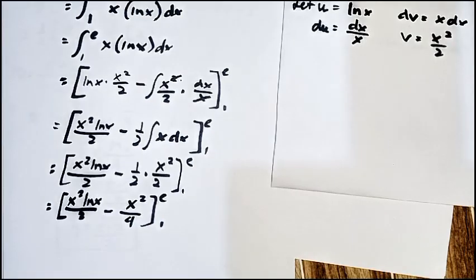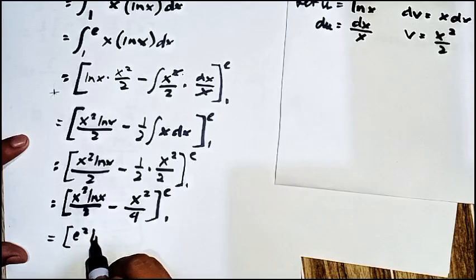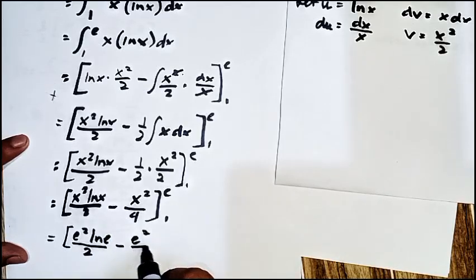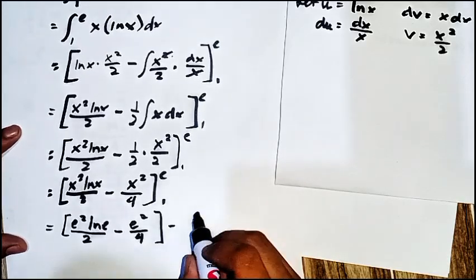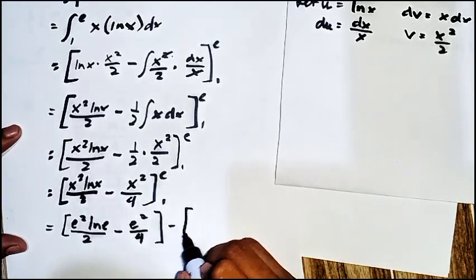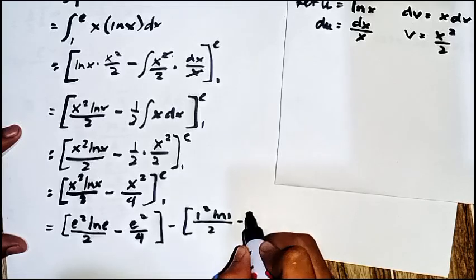Now let's substitute our upper limit e to our x, minus the lower limit 1. So it will be e squared ln e over 2 minus e squared over 4, minus our lower limit, which is 1 squared ln 1 over 2 minus 1 squared over 4.